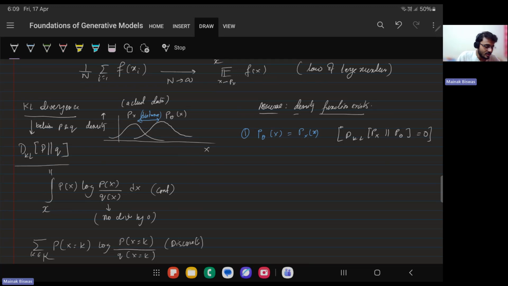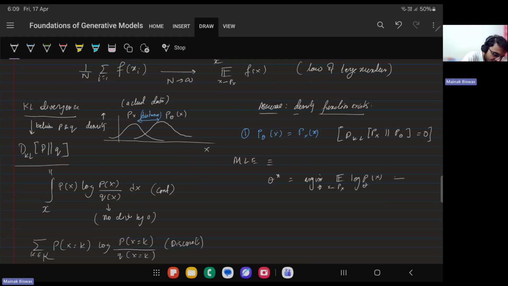So let us see. I will show you that MLE is equivalent to minimizing this distance. So theta star is arg max over theta of the expected value of log P theta of X, this is MLE.